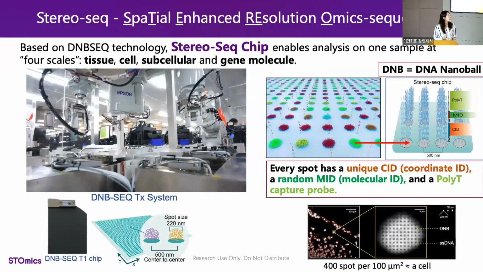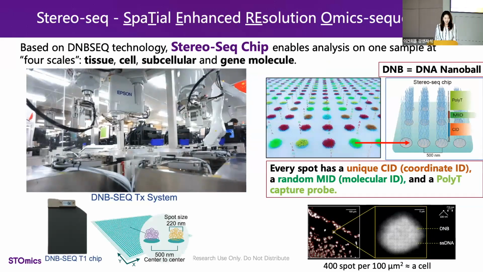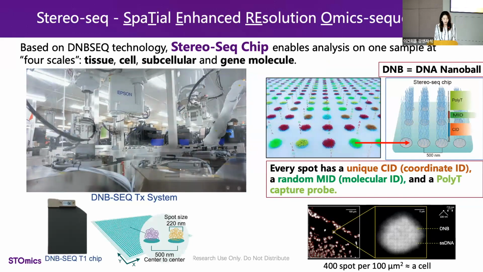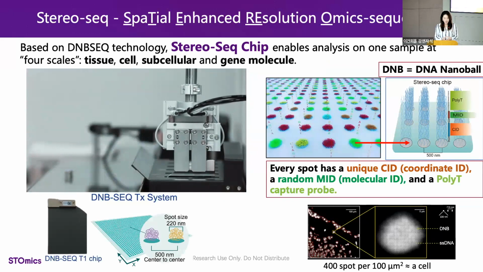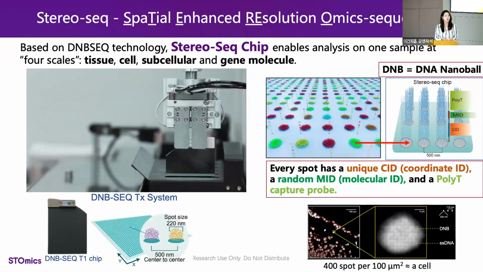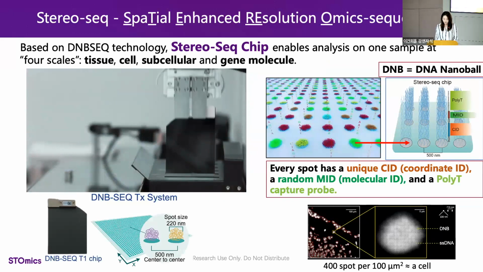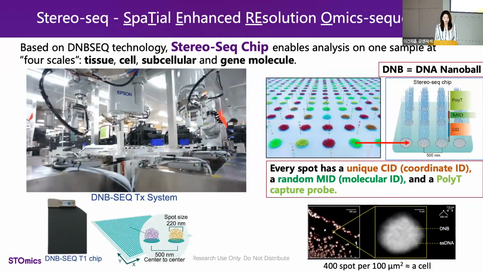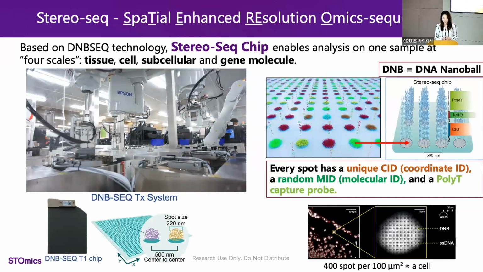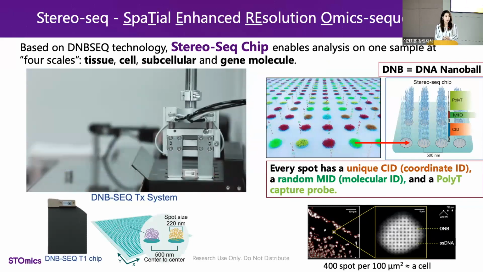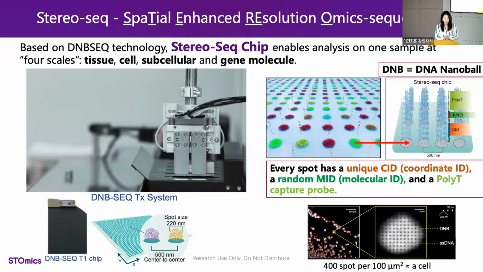So what exactly is Stereo-seq? Stereo-seq stands for Spatial Enhanced Resolution Sequencing, or omics sequencing. It is based on DNB-seq technology and operates on a unique principle to unravel the spatial organization of gene expression within biological samples. The Stereo-seq chip is based on DNB-seq technology, where we load DNA nanoballs onto the platform.